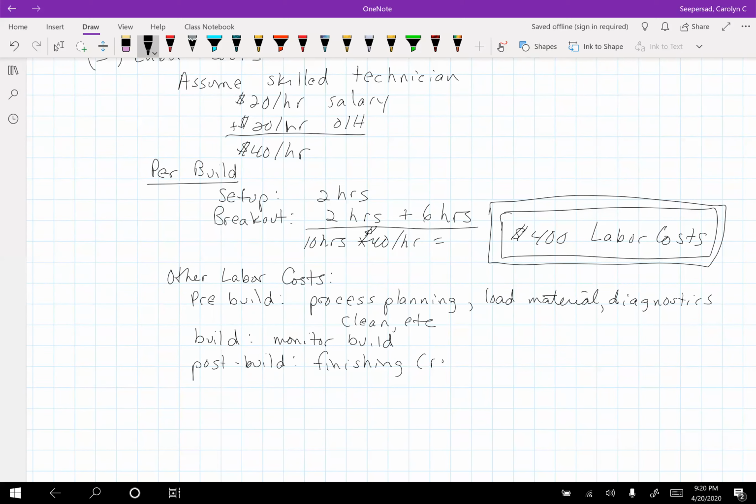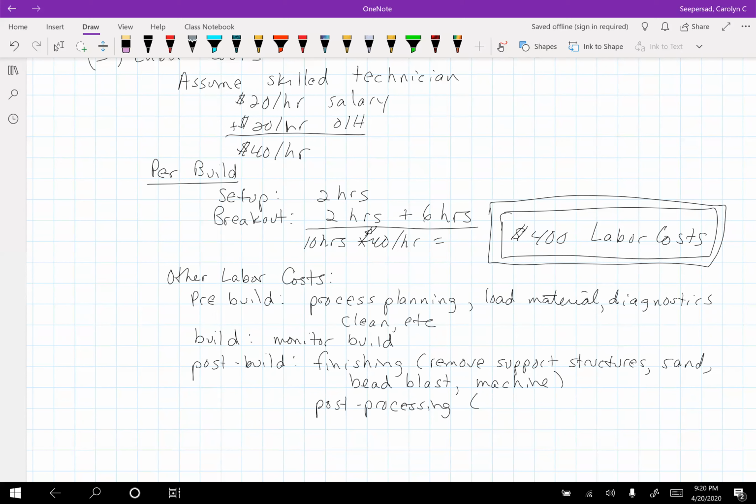You may need to remove support structures, sand, weed blast, machine. If you've got a metals part, you may need to machine it off the build platform. You've got extra post-processing, which could include cleaning.